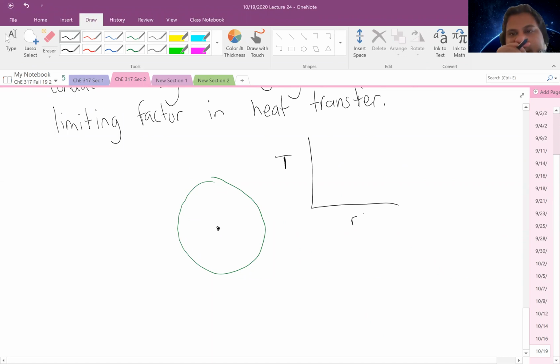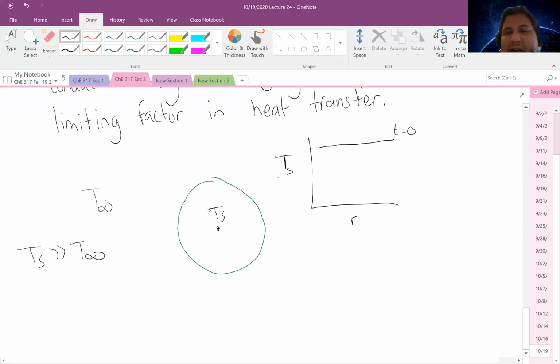we can identify and consider, if this sphere is hot and we're putting it in an area where initially the sphere temperature is much greater than the ambient temperature, at T equals 0 it's going to be some temperature, and in the sphere it's all going to be the same temperature.